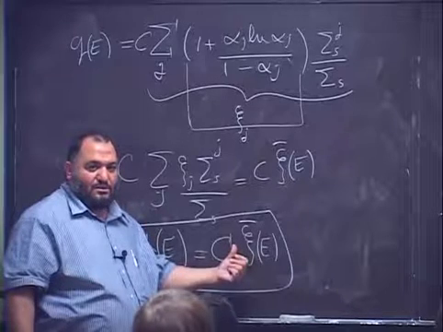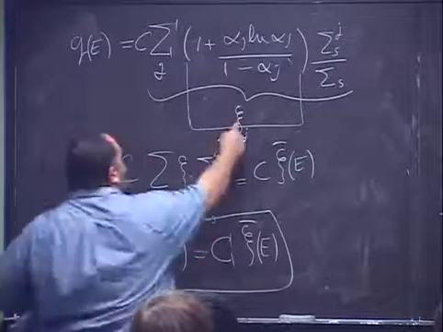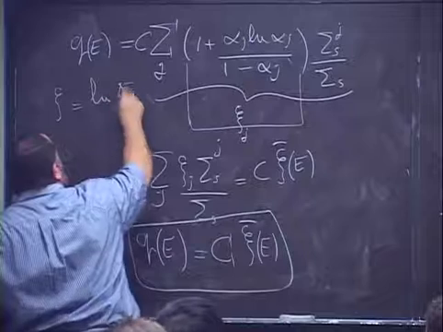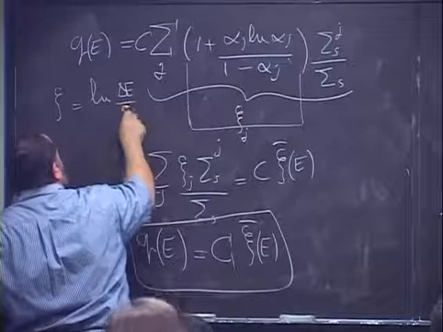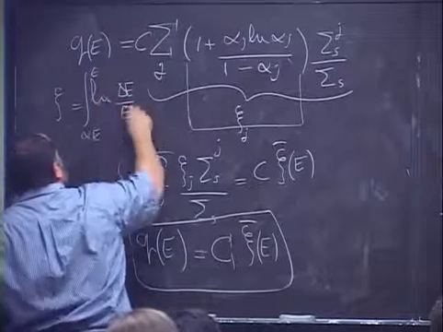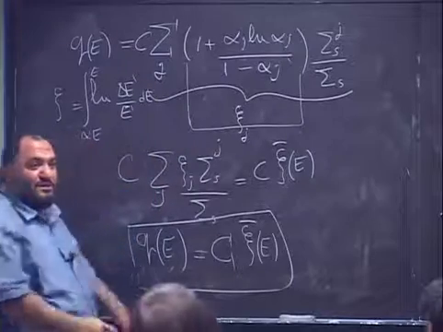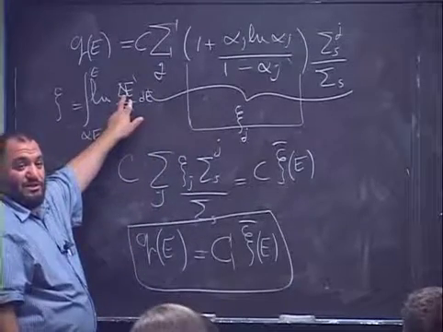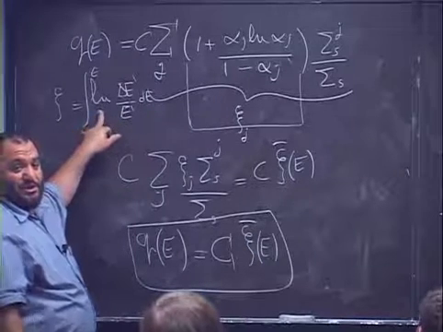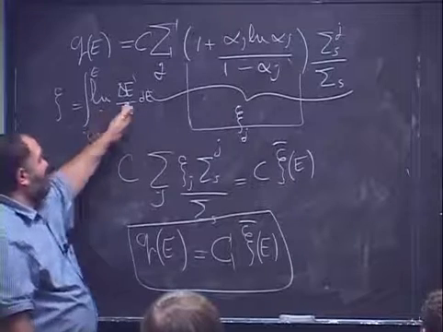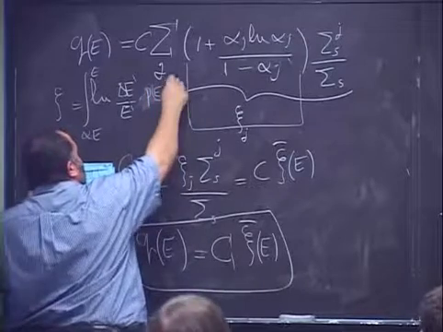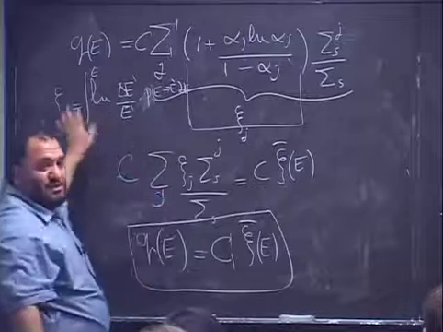Okay, guys? So Xz alone, what's Xz alone? Is ln of delta E over E, and you integrate from alpha E over what? Do you remember this equation? This is the energy loss per collision divided by the initial energy, and this is the logarithmic energy. So this is the average logarithmic, and you multiply this by the probability distribution function, P of E goes to E prime dE. So this gives you the Xz.